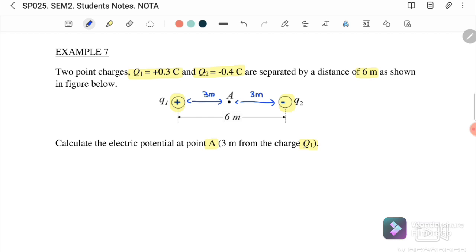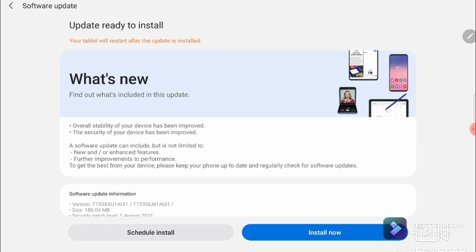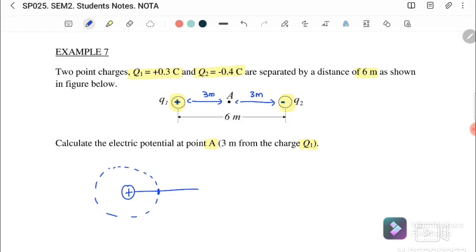At point A, our electric potential is influenced by the point charge Q1. Q1 gives influence on point A. Q2 is a negative charge, and similarly Q2 also gives influence on point A. So point A actually experiences two electric potentials.